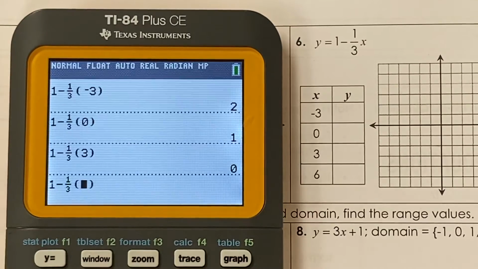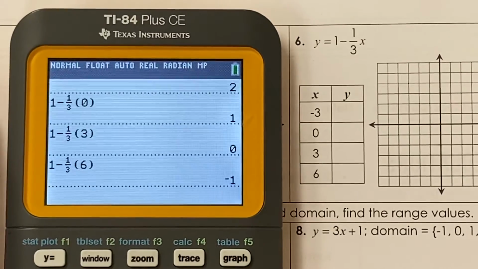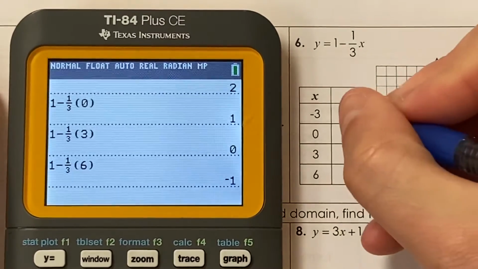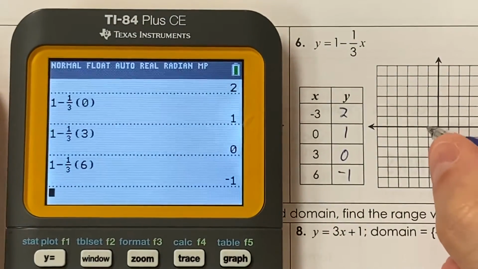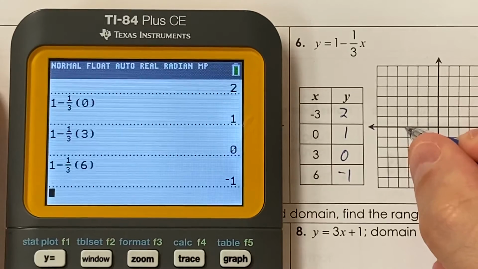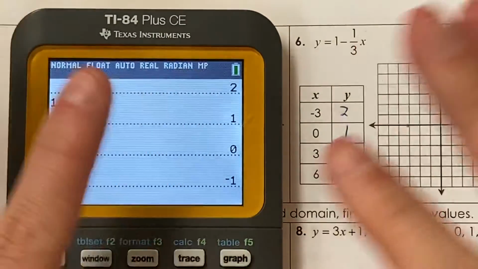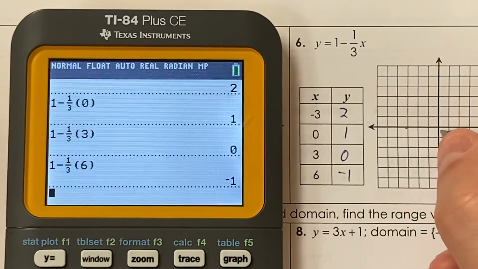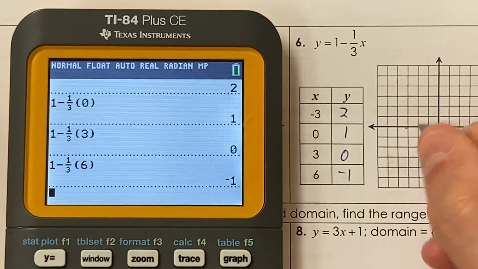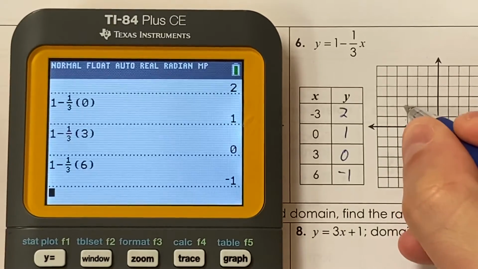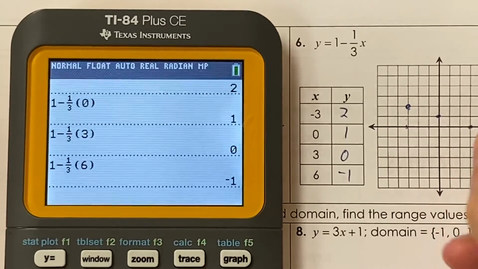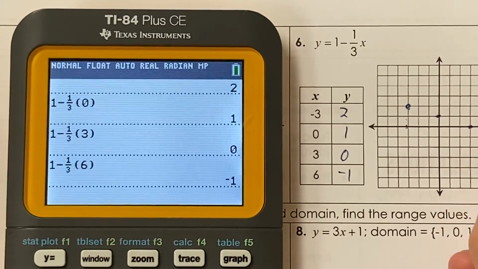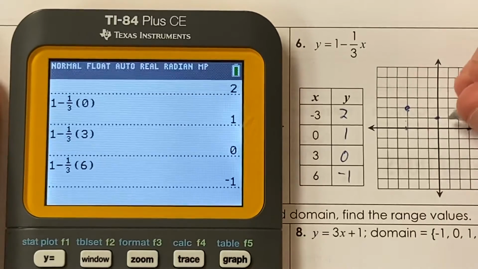The last number is 6. Okay, plug them in. I got 2, 1, 0, negative 1. So pause and try to plot them if you didn't get that far. Okay. 1, 2, 3, positive 2, 0, 1, 1, 2, 3, 0, 6, negative 1. So it should look like that.